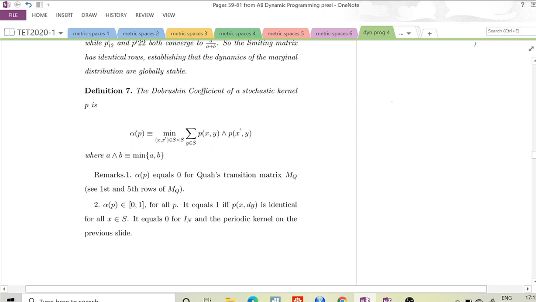So I'm going to write out the Markov matrix of this stochastic kernel. So it has these different rows. Yeah, so it'll have some xth row, p(x, dy). Yeah, I'll need some other typical row, let me call it the x primeth row, right? And it'll go all the way down to the xnth row.